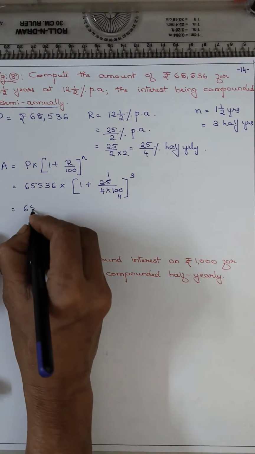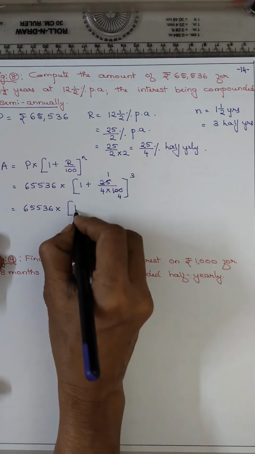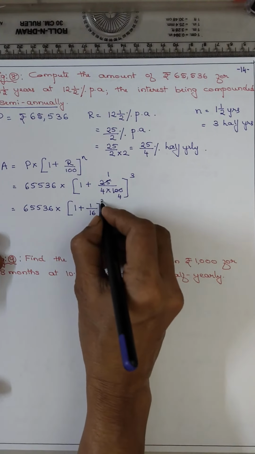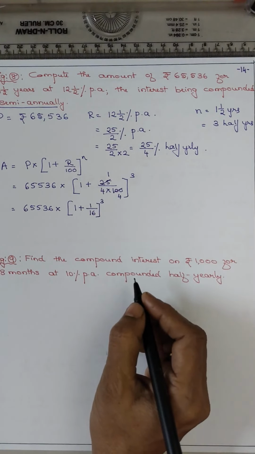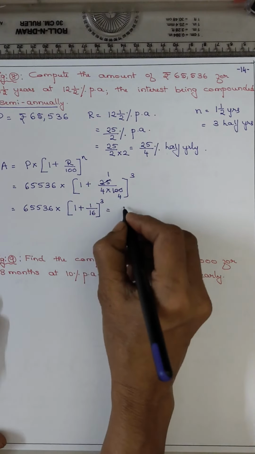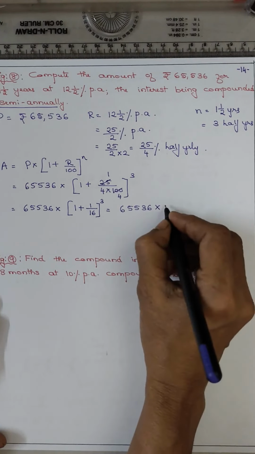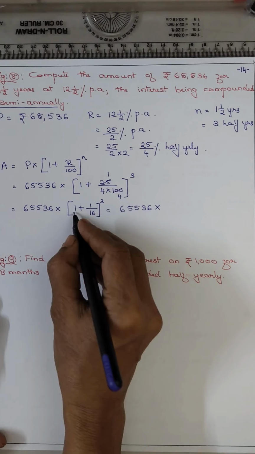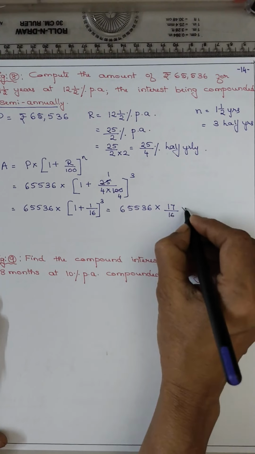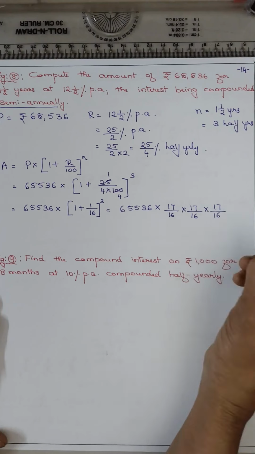So it becomes 65,536 into bracket open 1 plus 1 upon 4 fours are 16 bracket close the whole raised to 3. That means 65,536 into, this becomes 16 upon 16, it is 17 upon 16, 17 upon 16, 17 upon 16, 3 times.